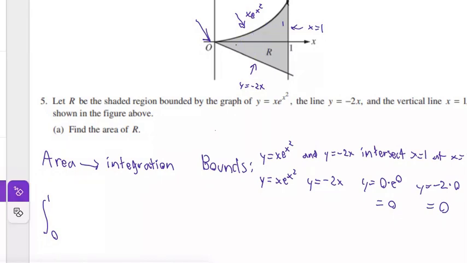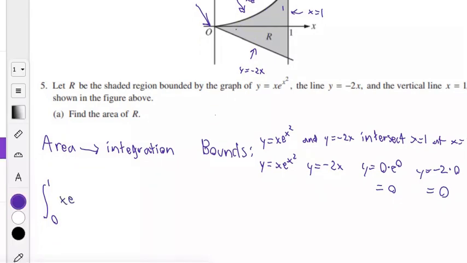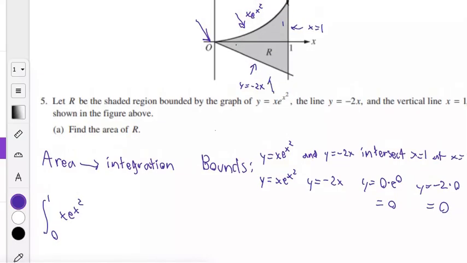So for that, we should first have xe to the x squared in this equation, because we're finding area under that. However, we also have this line y equals negative 2x, and we're finding the area above it. Since we're finding the area above it, we have to subtract it in the integral, because it's below xe to the x squared, and we're integrating above it.